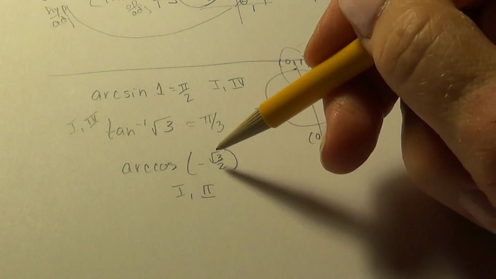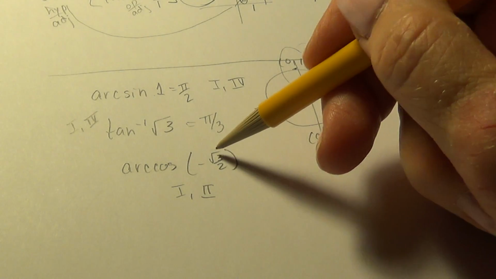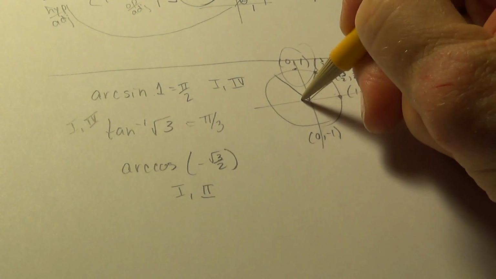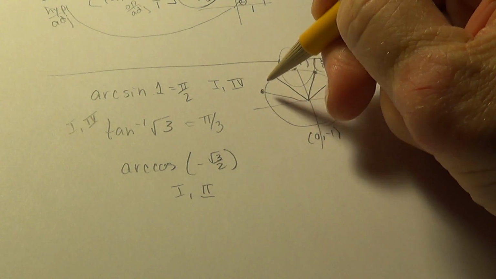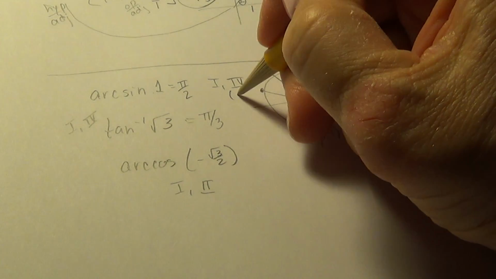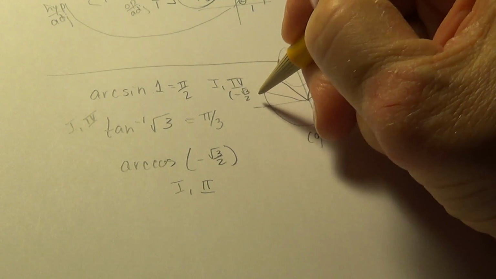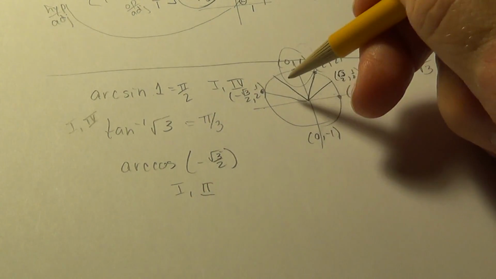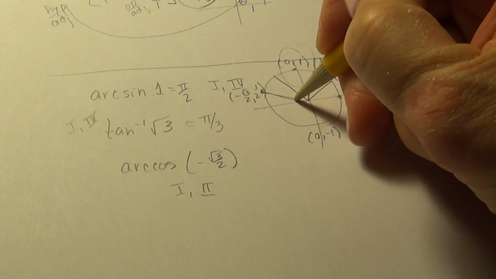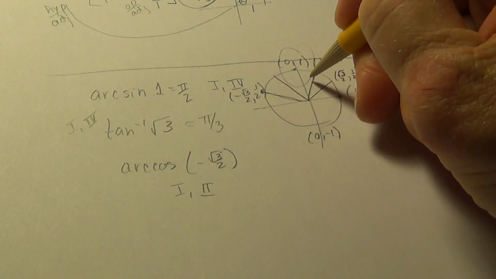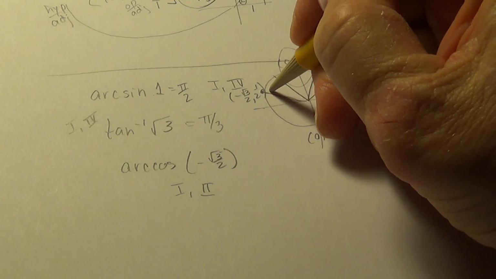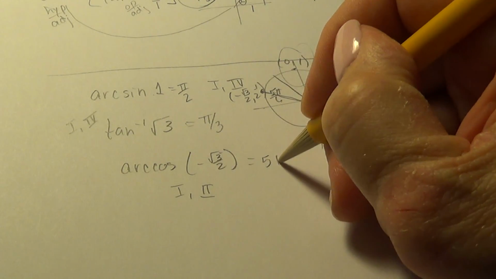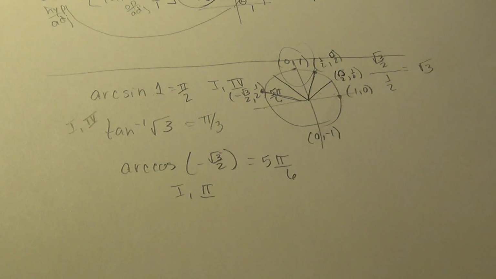And if we look there for a first coordinate of negative square root of 3 over 2, I think it's right here because we go back negative square root of 3 over 2 and up 1/2. So we are at that spot. And this value is 1, 2, 3, 4, 5 sixths pi. So the answer is 5 pi over 6.